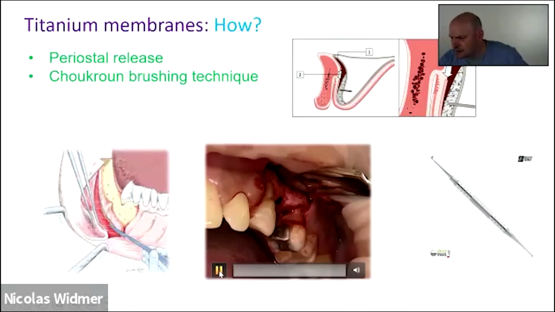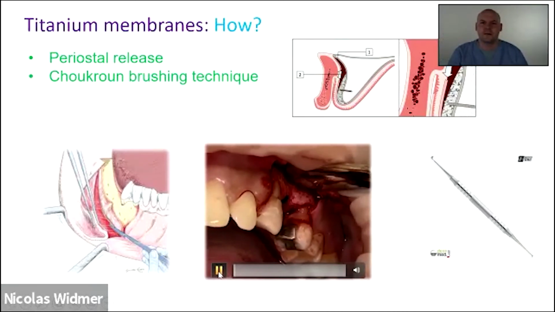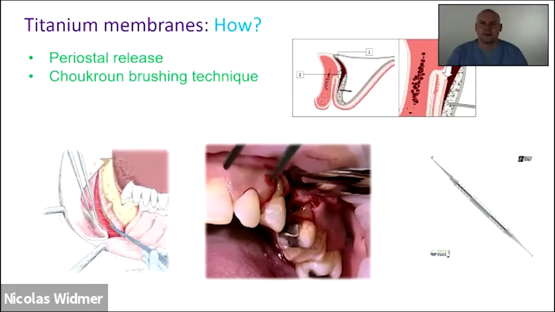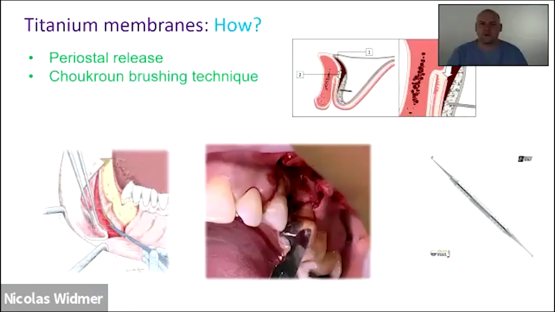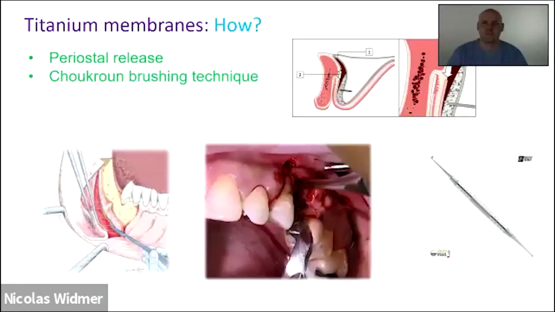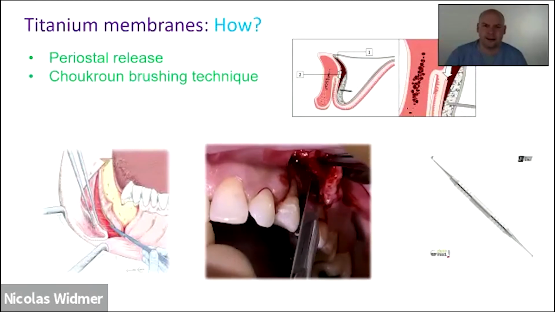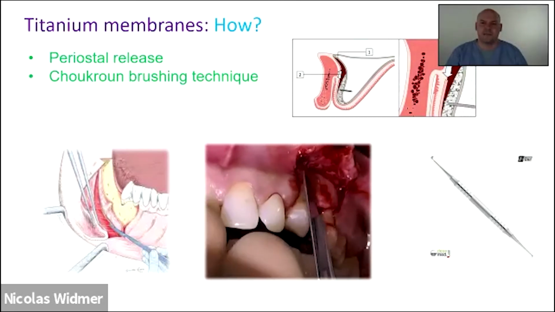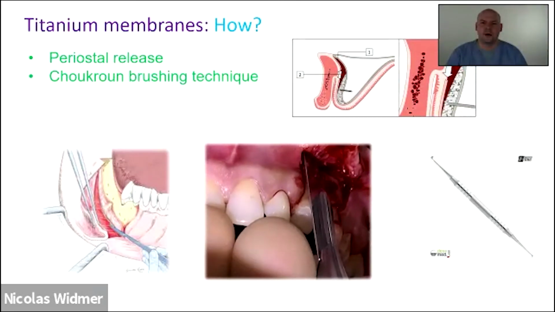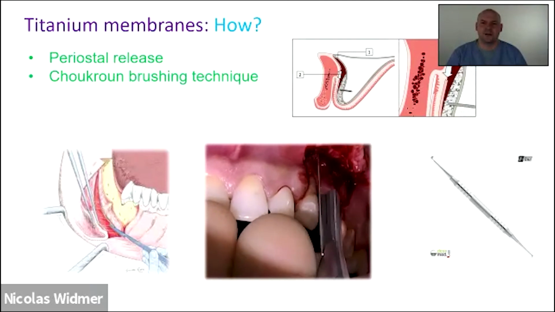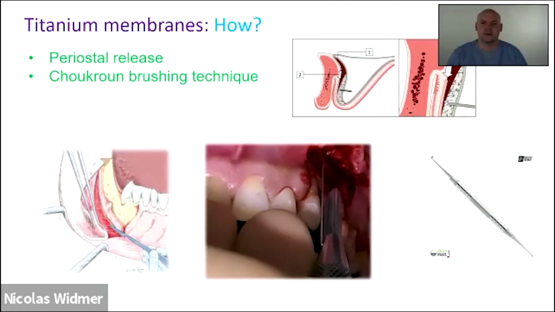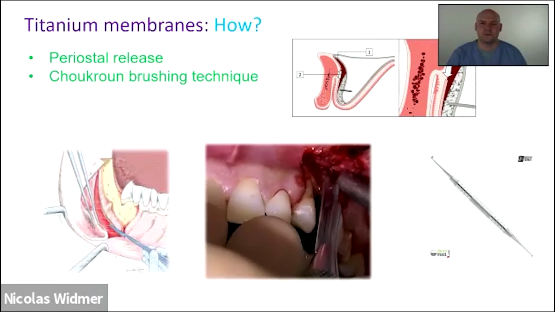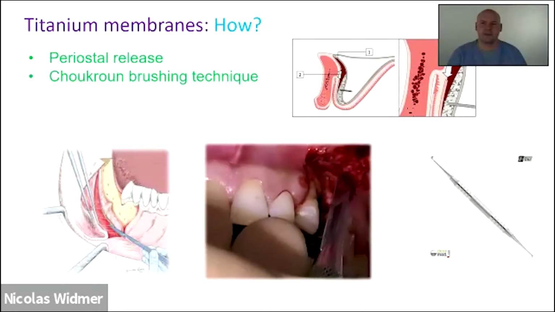Take a look here in this short video, how to do it, periosteal release. So grab the flap with the pliers, use a sharp blade like number 15, stretch the flap and do one, if possible, one cut like this, but well to the end of the flap, but not too deep.